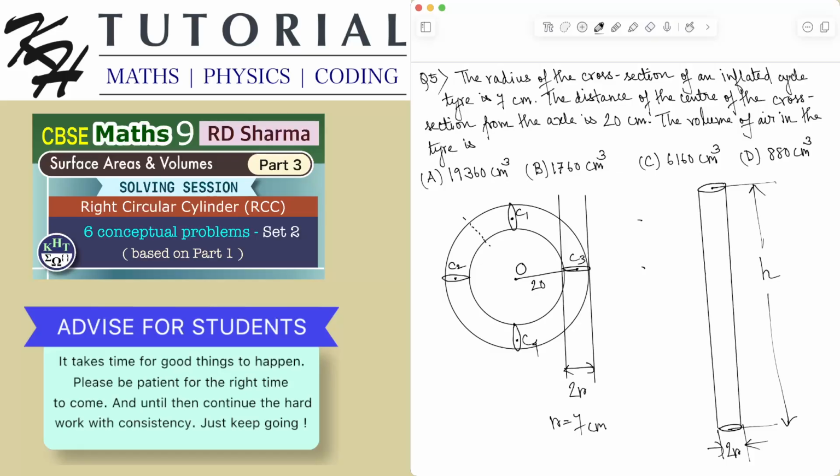That length will be the circumference of a circle having a radius equal to the distance of the center of the cross section of the tire from the axle. That is, this h will be equal to 2 pi r.